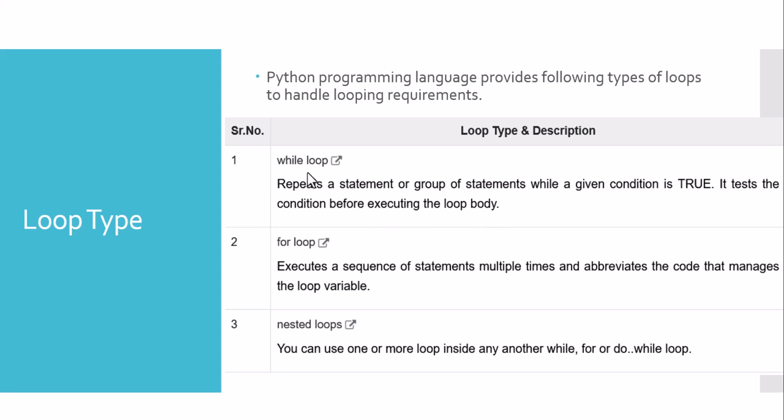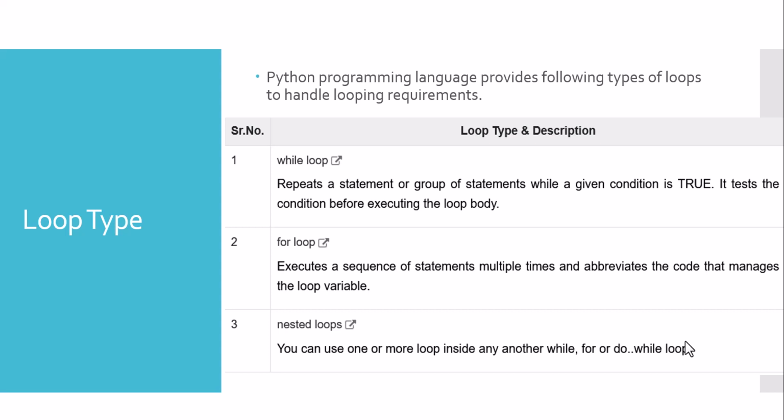When we are using the while loop, firstly it checks the condition and then it executes the block of code. Similarly, the for loop executes a sequence of statements multiple times and abbreviates the code that manages the loop variable. Nested loops: you can use one or more loops inside another while loop or for loop. Okay, like this.